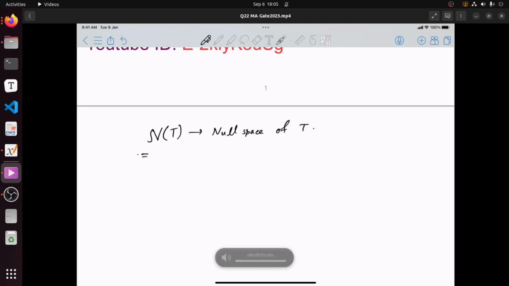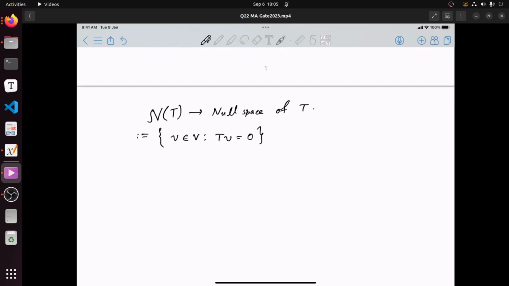By definition, it is basically all such vectors v in V such that Tv equals 0, right? Here it is given that the null space of T is a subset of R4 such that 4x1 plus 3x2 plus 2x3 plus x4 equals 0.